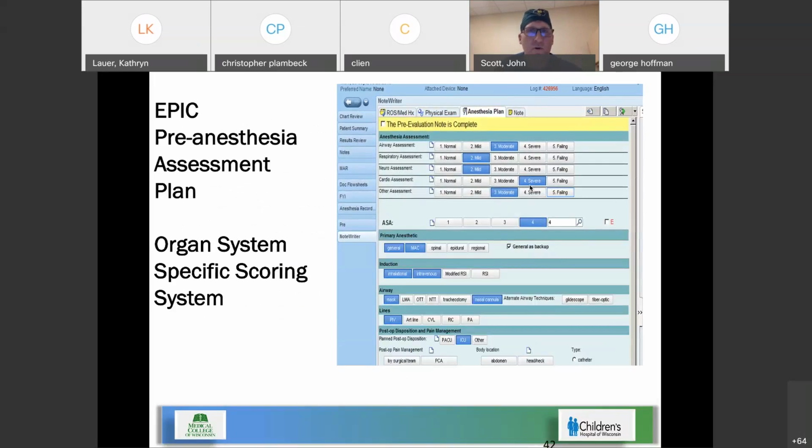Dick Behrens and George spent considerable effort as we were building our EPIC platform in 2012 to develop an organ-specific scoring system, looking at each of the 5 major organ systems, with other being a miscellaneous category, and trying to assess what the overall limitations were for each one of these systems.